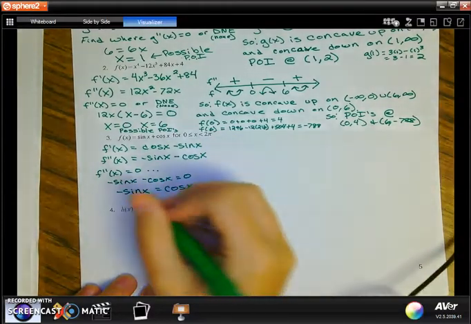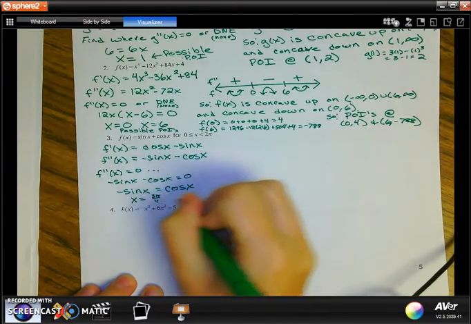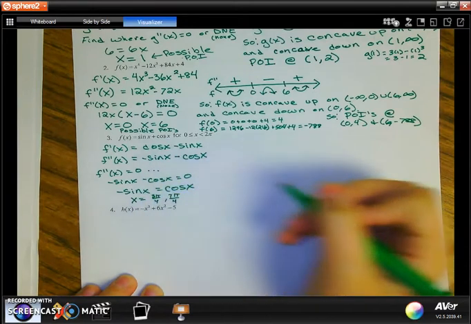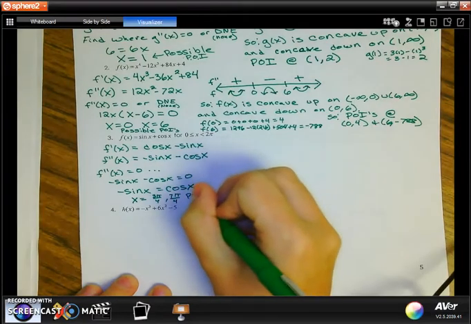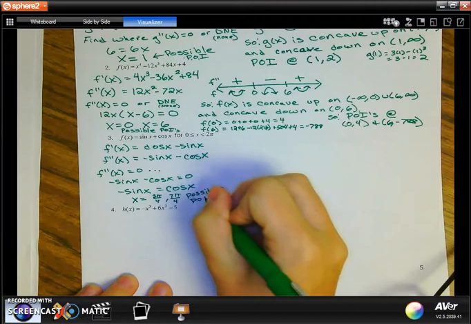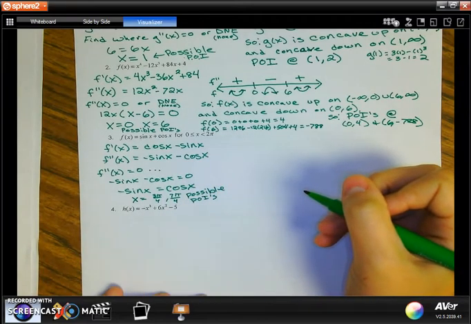And so I'm going to say that x equals 3 pi over 4, and also 7 pi over 4 is where that's true. Now these are possible, okay? It's not for sure. There are possible POIs. And really there are possible x values of inflection, but I'm just going to call them possible points of inflection.